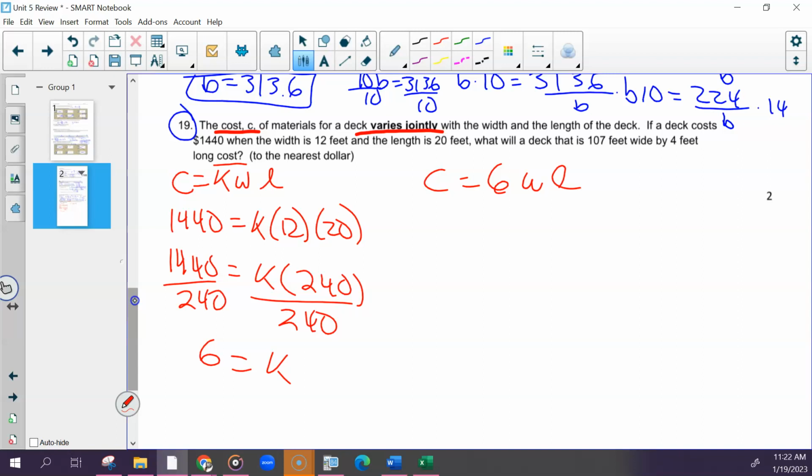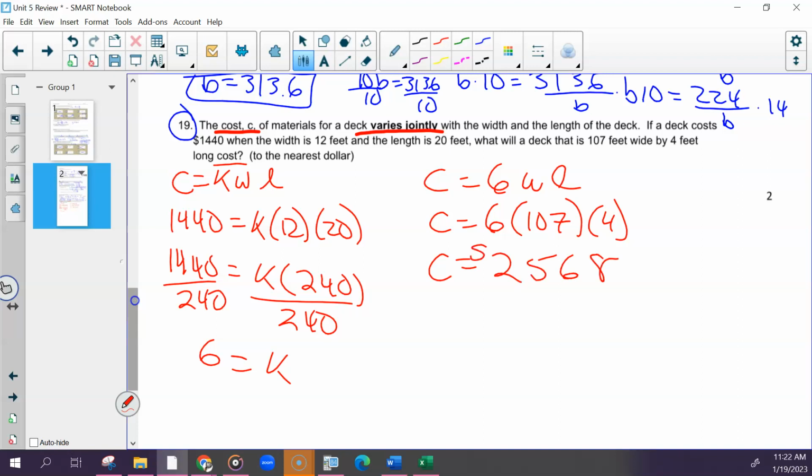So we're looking for the cost here. So multiply those all together and figure out what C equals. Say that number one more time. 2,568. And that would be dollars. Notice that it says to the nearest dollar, so if you had anything with decimals, when you found the final answer, you would round it up to the nearest dollar. Or down if you don't have enough change.